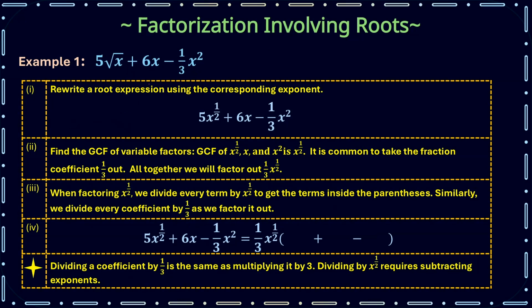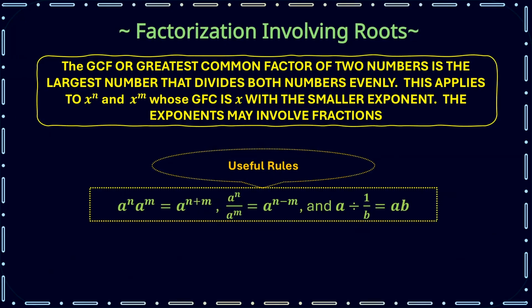Another thing you need to know is that when we are factoring x to the 1/2 from, let's say, x, we have to again take x and divide it by x to the power of 1/2. And for that, there is an exponential property which says that if you have two exponentials that you're dividing, you subtract their exponents.